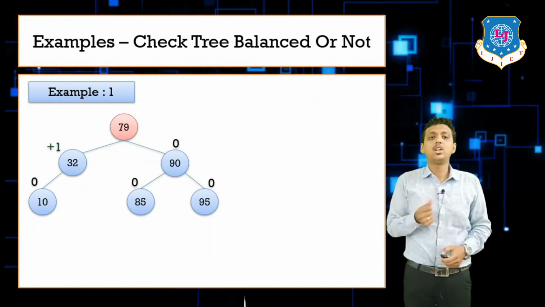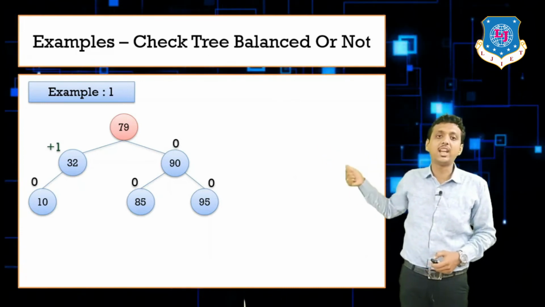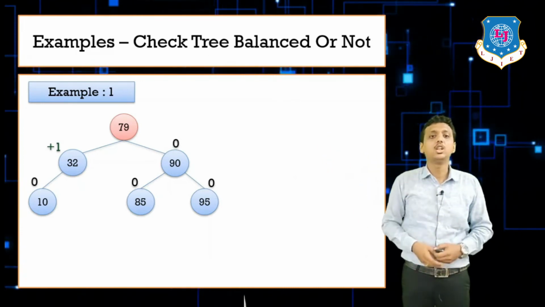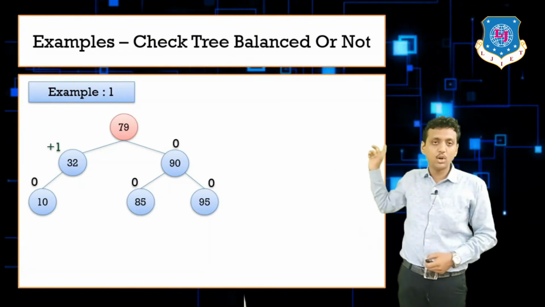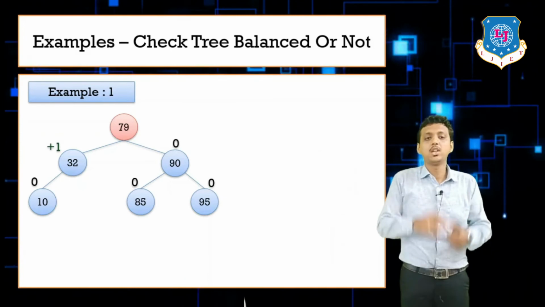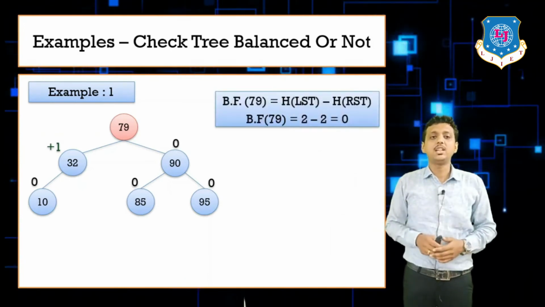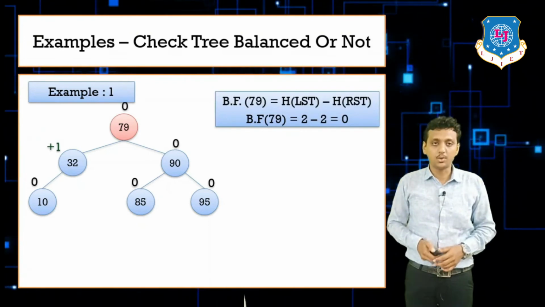Now, what is the height of the right subtree? First the 90 level, and then 85 and 95. So it's again 2. One level is for 90, another level is for 85 and 95. So the balancing factor for 79 is 2 minus 2, which becomes 0.